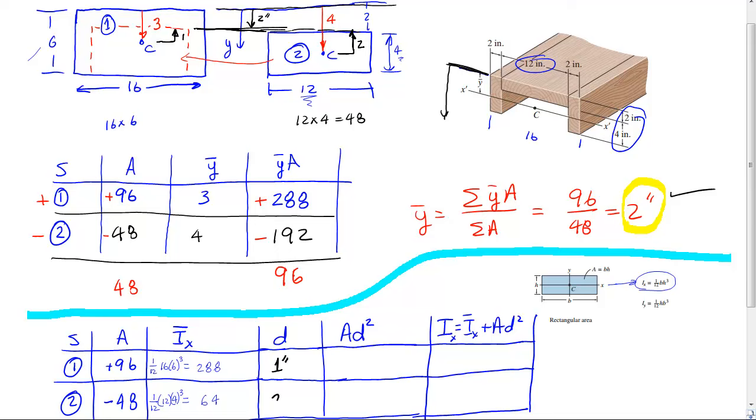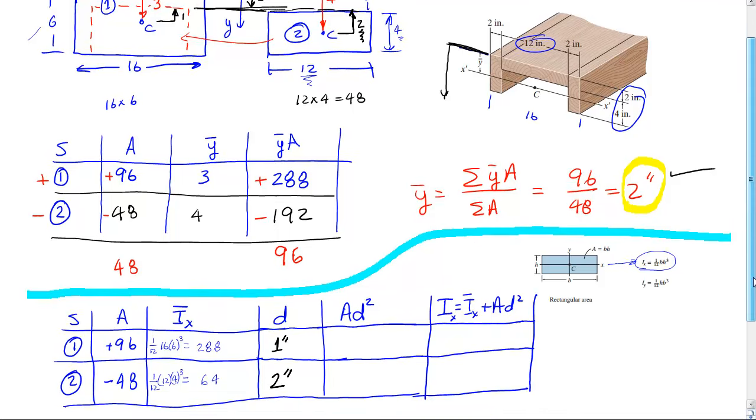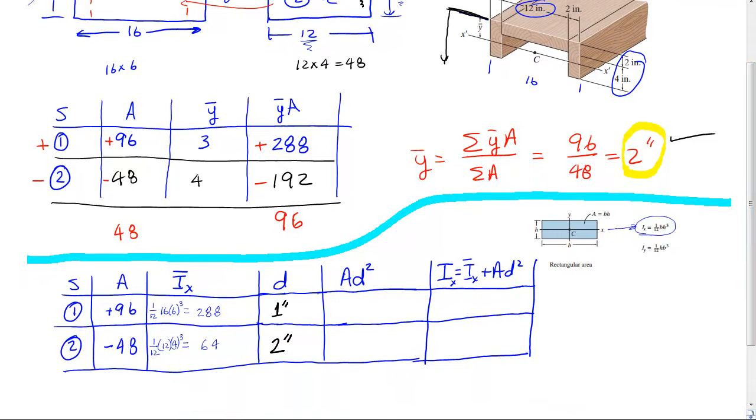The distance I'm moving the second section is 2 inches, and that comes from right there. So now I just multiply 1 times 96, that gives me 96. Multiply 2 times that, oh, that's 96, but I'm really not supposed to put any signs on here yet. I'm going to leave those off.